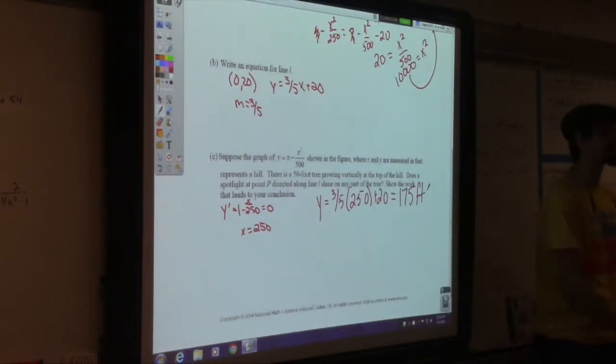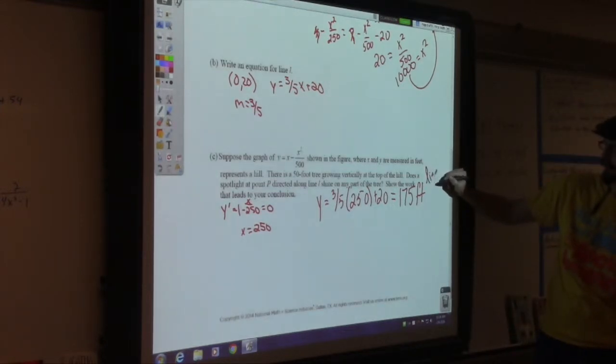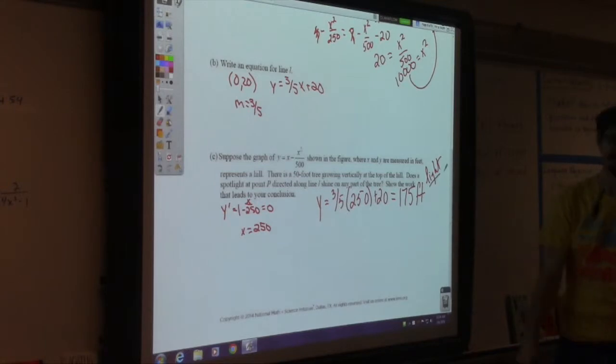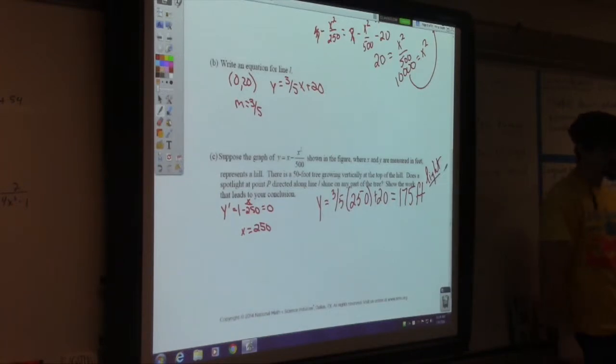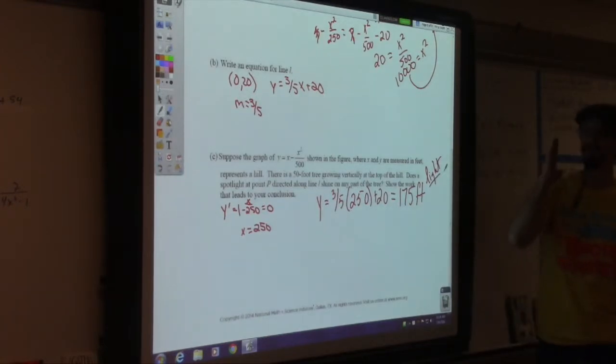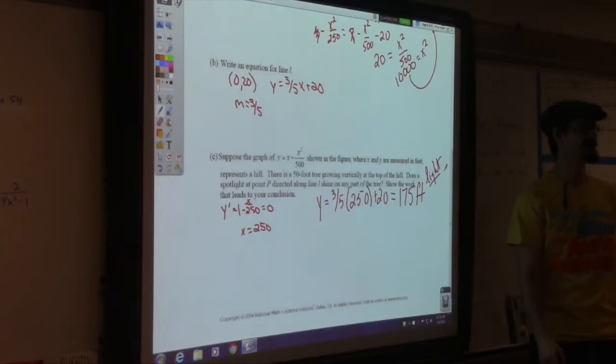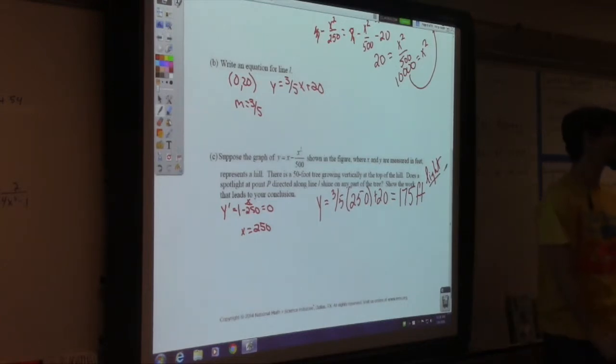So we know at that point the light is hitting, and remember that this is the light. I like to label things. I was also a physics student, so labeling things is good. Okay, we've got the light. The light at that spot is 170 feet in the air. What else do we have to find?